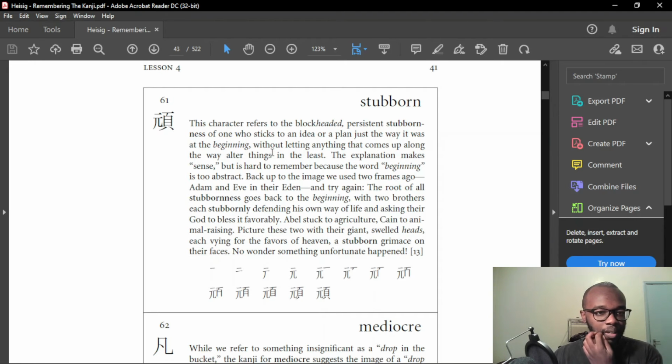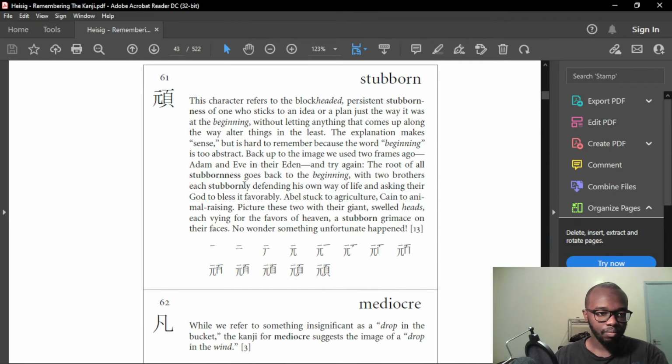Someone who sticks to an idea or plan just the way it was at the beginning, without letting anything that comes up along the way change it. So people who are adamant about retaining the way of life since the beginning of time.